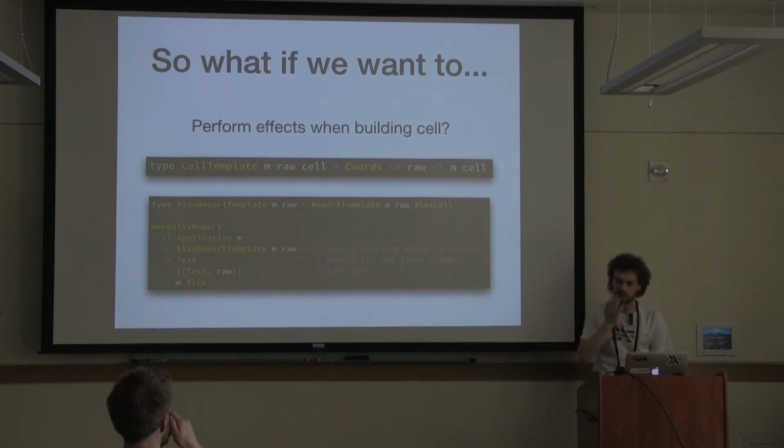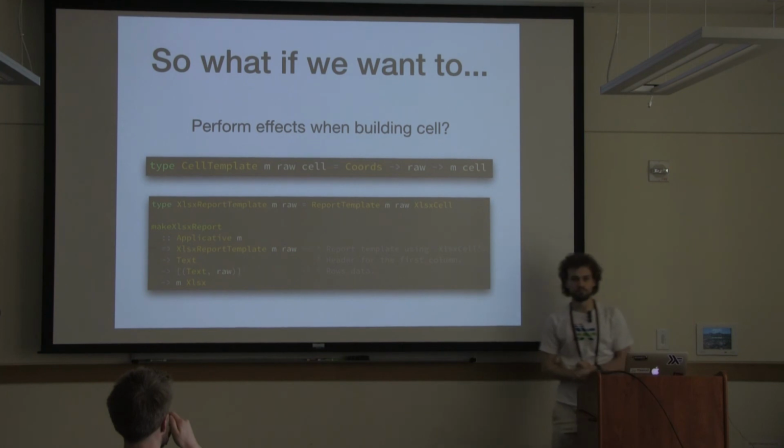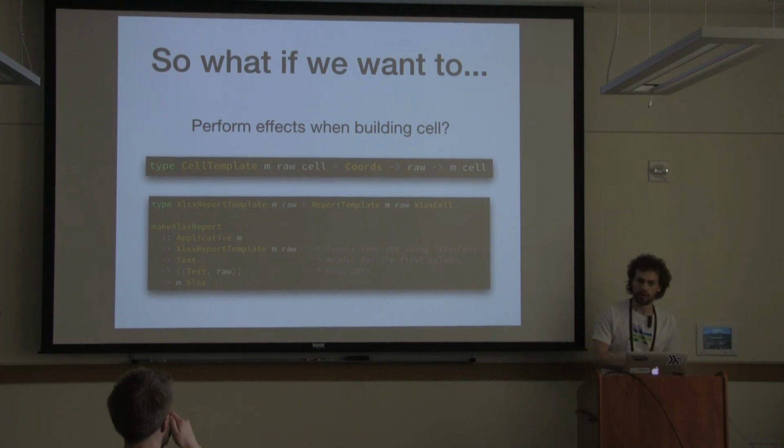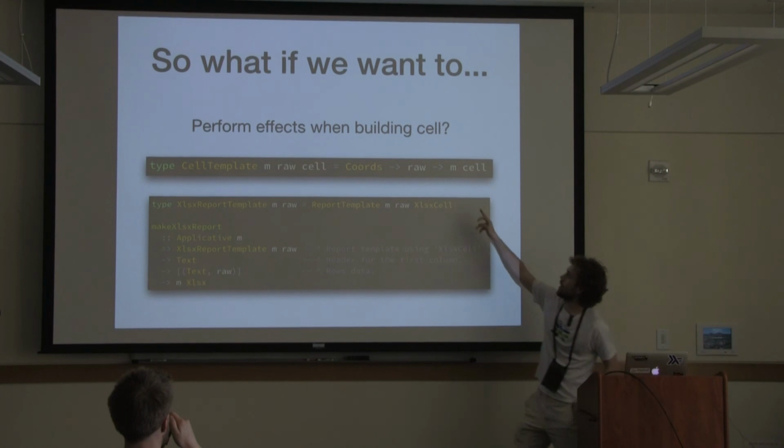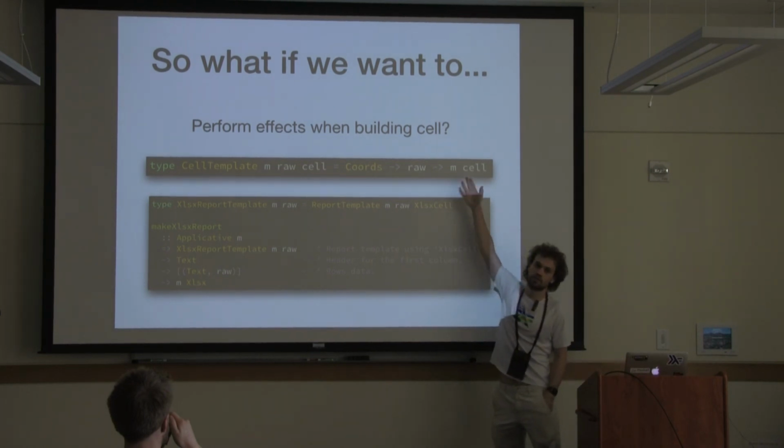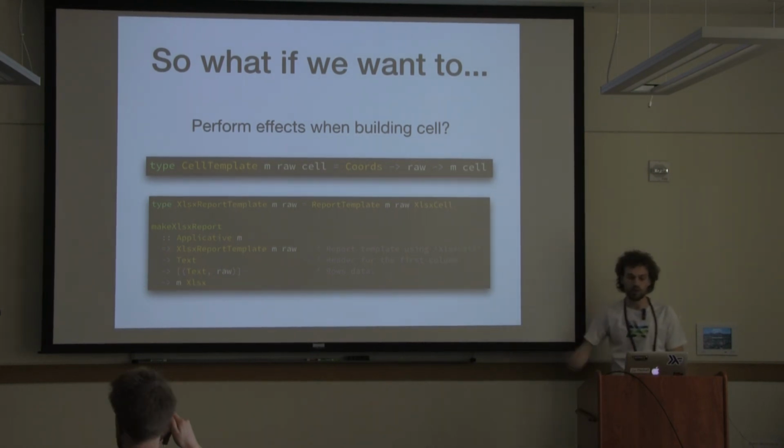One thing that you might want to do is extract data for every cell using some other context, maybe I/O, maybe some other thing. I don't know why, but you might want to. So for that, you could just edit the cell template a little bit and add a context here, a type constructor that you can control and work with.